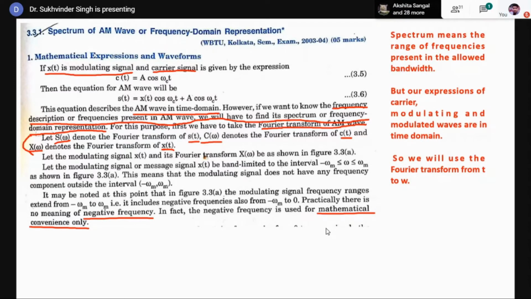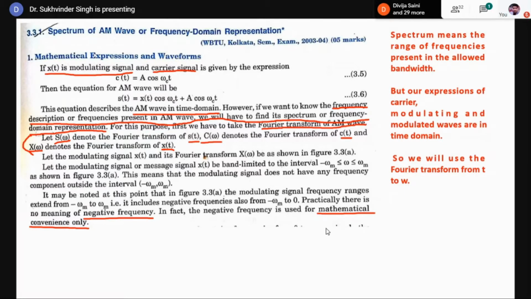So that is called the time domain analysis of the signal, because here we talk about the voltage and current variations in space with respect to time. But sometimes we require to study the amplitude, phase, frequency variation with respect to frequency. So in case of spectrum analysis, we have to shift our equations from time domain to frequency domain.